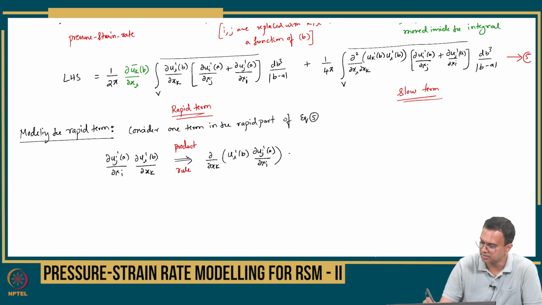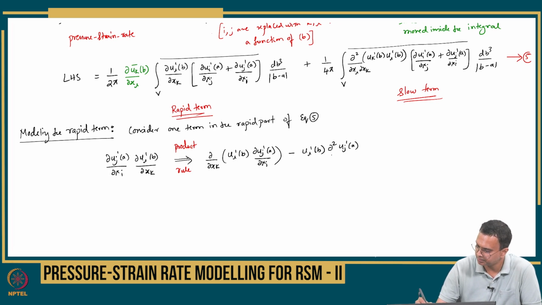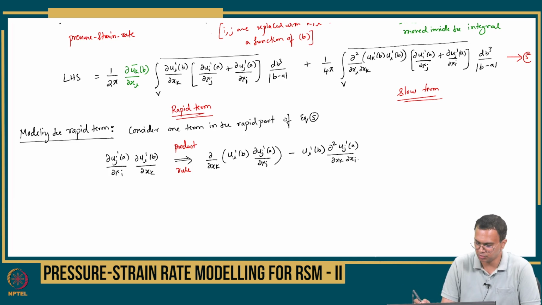So this will be minus then, correct? So minus of, I am going to get essentially ul prime of b dou square uj prime of a by dou xk dou xi. I have just used the product rule here. If you take the product rule only for this particular term, it will be the sum of this and this. That's it, nothing new here.